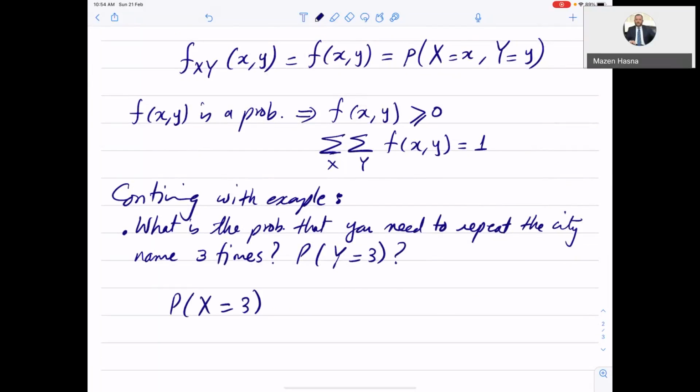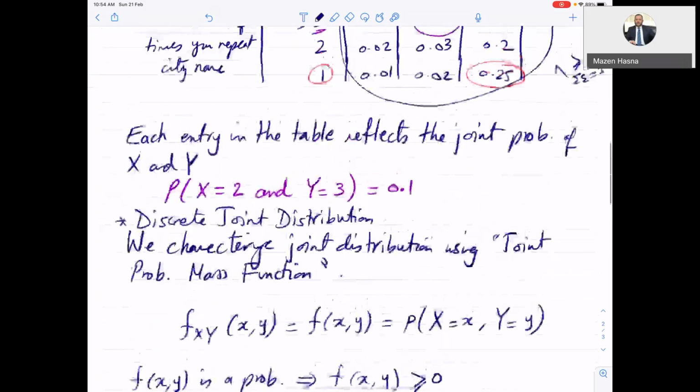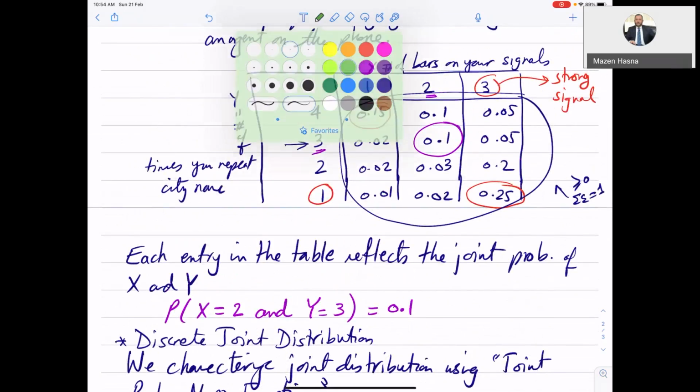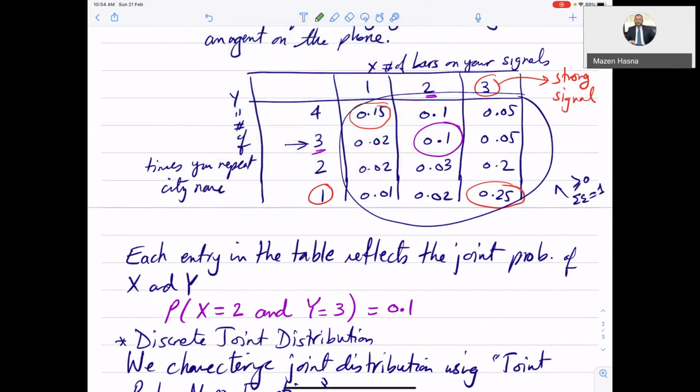Probability of y equals 3 is simply, it consists of 3 scenarios: probability of y equals 3 when we have 1 bar, or 2 bars, or 3 bars. So if I am interested in probability of y equals 3, I have to add.